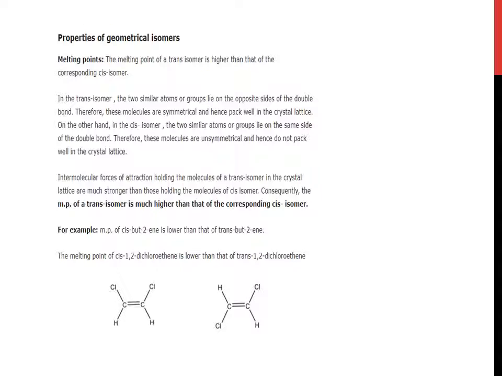For example, the melting point of cis but-2-ene is lower than that of trans but-2-ene. The melting point of cis 1,2-dichloroethene is lower than that of trans 1,2-dichloroethene. So here is the example of 1,2-dichloroethene. On the screen, the picture is shown.